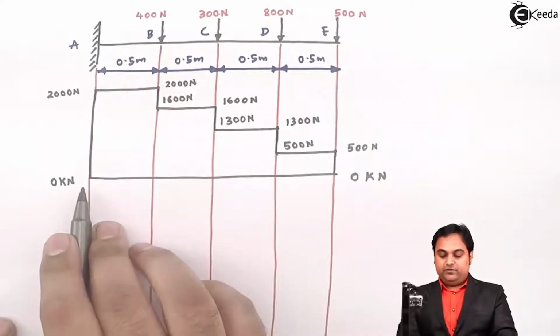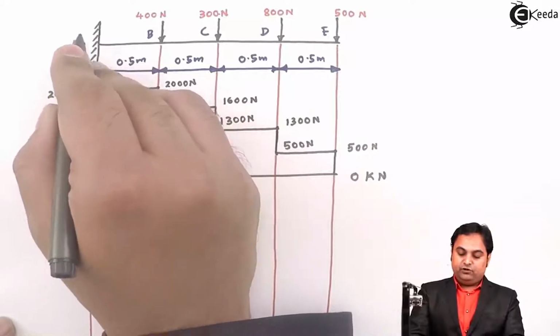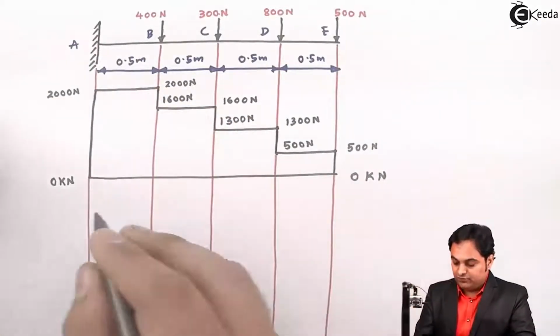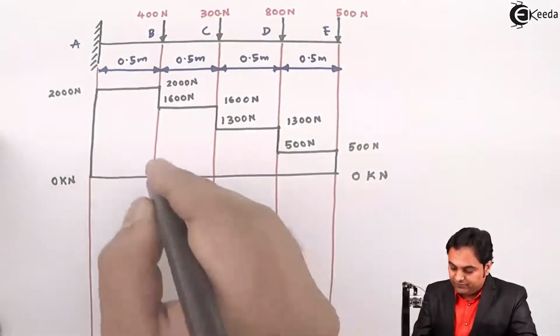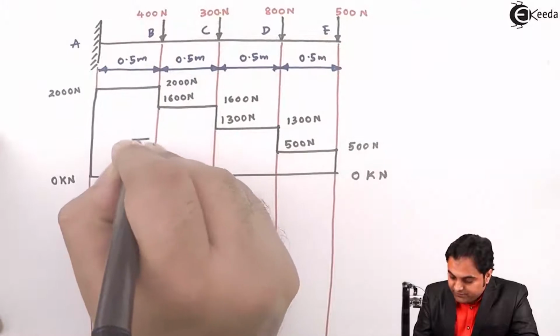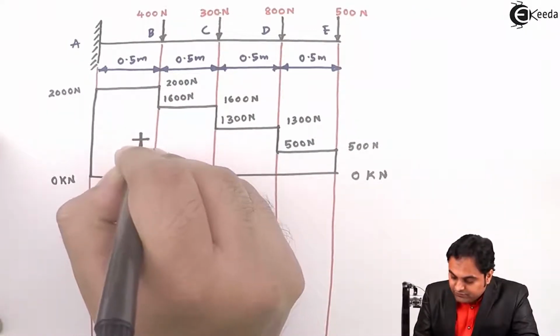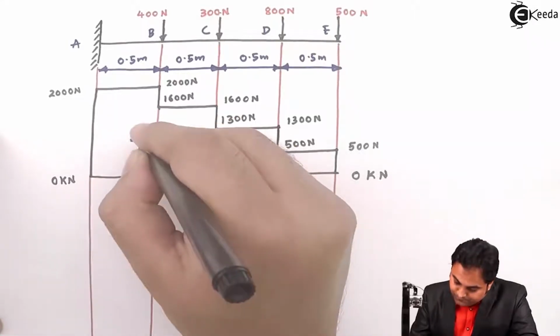And finally the value will be 0 here if I take the section to the left of A, when there are no forces. So this is the complete shear force diagram, and as we see here, all the values are positive, so I'll write a positive sign here, which indicates the shear force diagram is positive throughout.